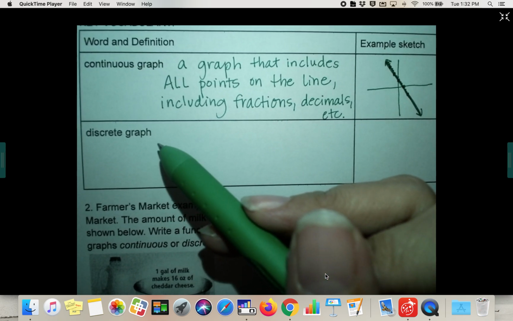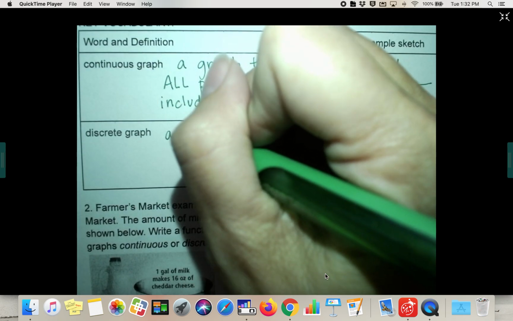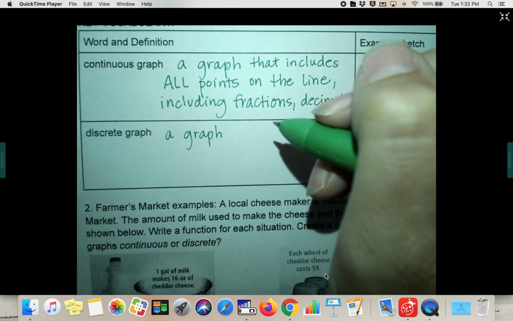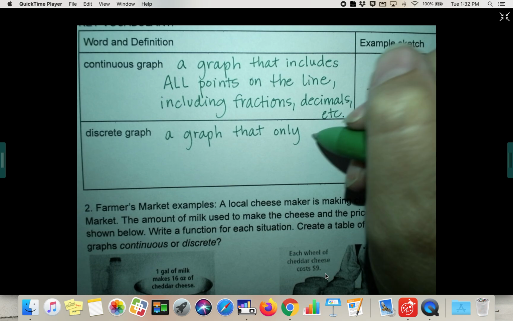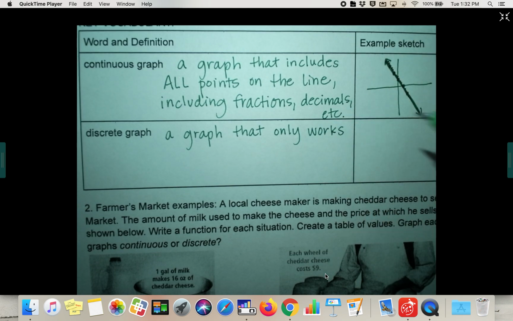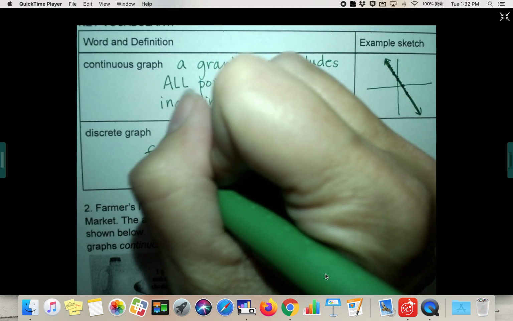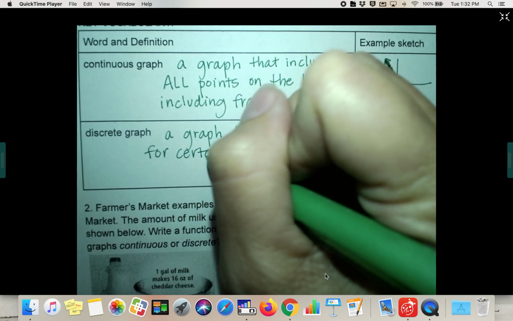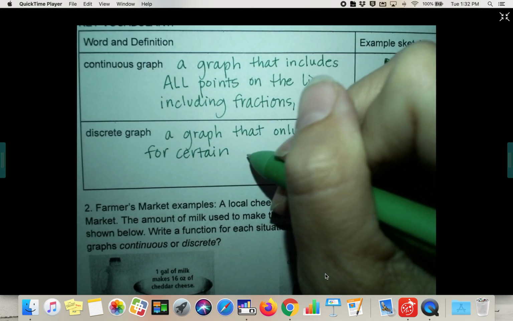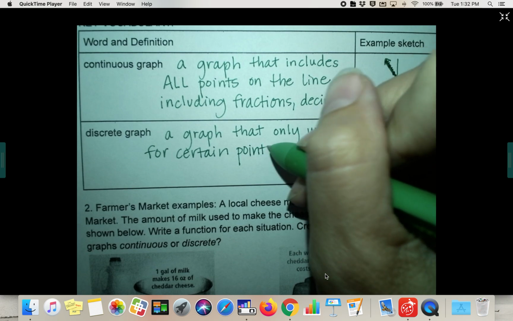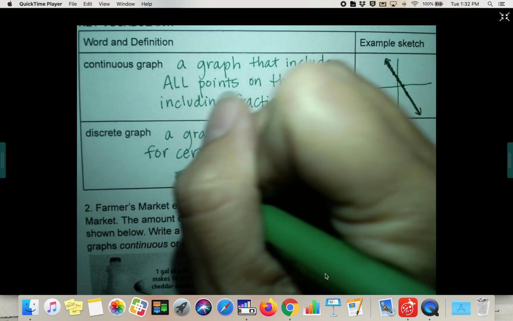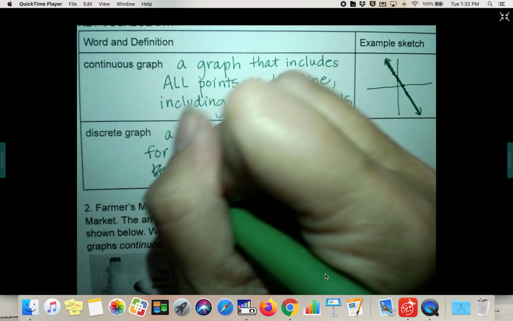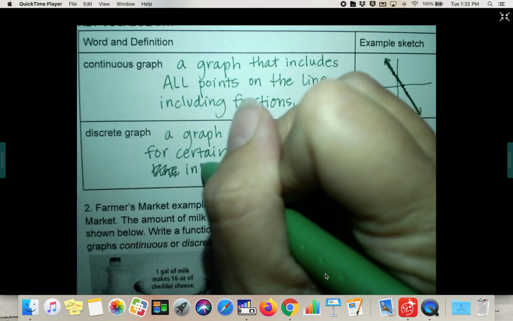Okay, then we've got a discrete graph. This is a graph that only works for certain points on the line, on the interval. I mean, it's probably going to be in a line, but I'm going to call it an interval.